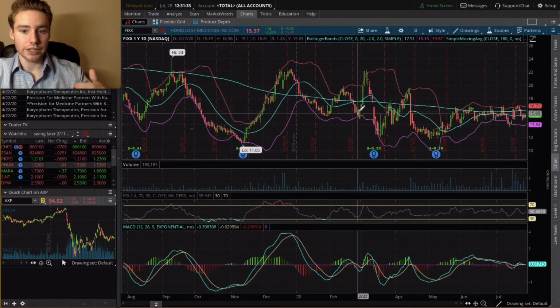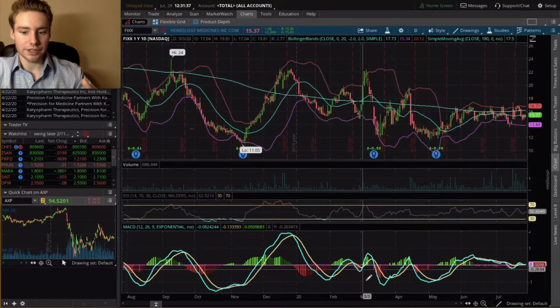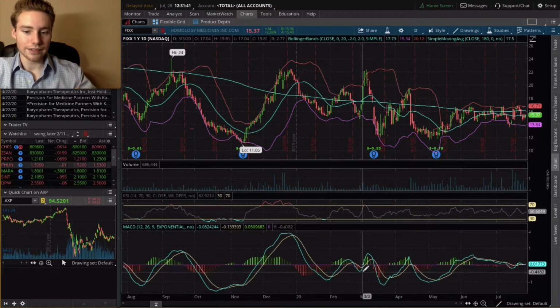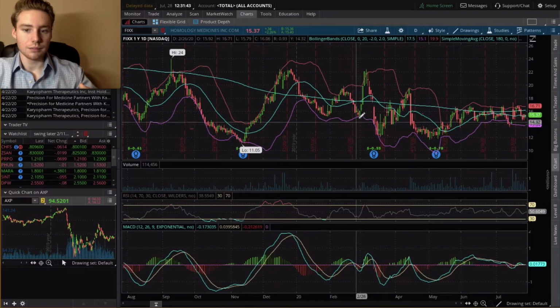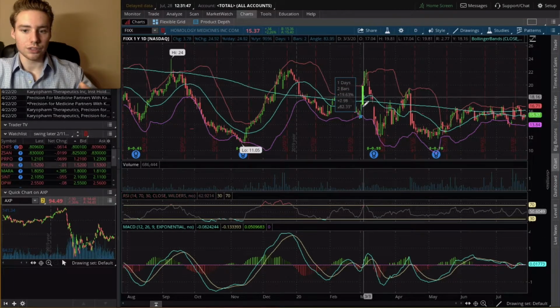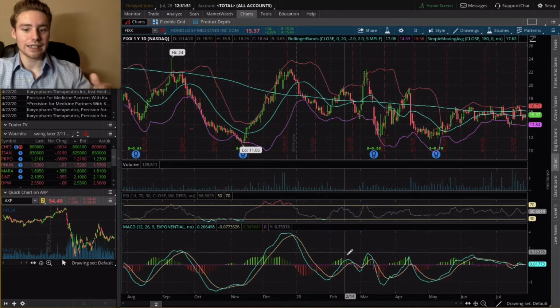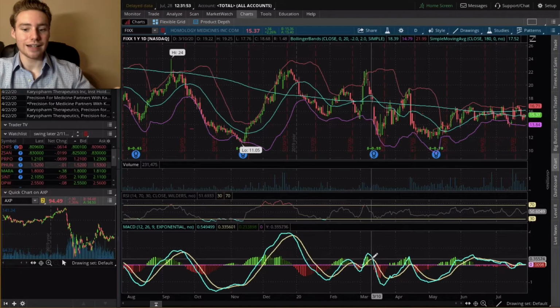So for example, right here, we saw the crossover right here. You could see the blue line was below the beige line, and then it crossed over. However, it was a very sharp move up, so only 2 days. So we're going to want to make sure to see if it is now heading down again.